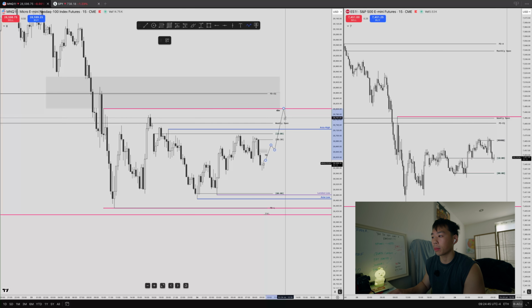3 minutes till market opens. Look, do we have any hourly gaps here? Yeah, so I do want to see previous week's low get hit today.